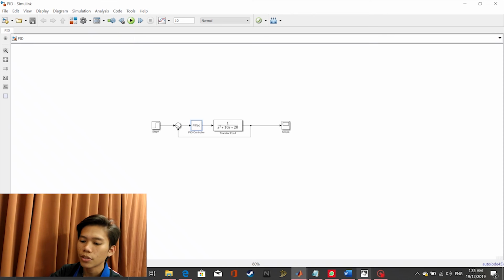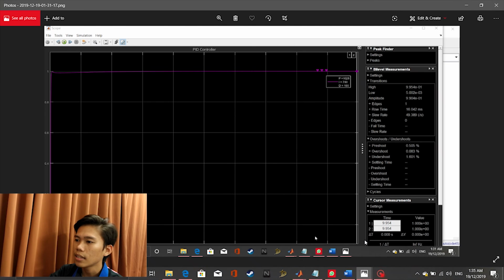This graph shows that the settling time is 0.0396. The rise time is 16.042 milli, and the overshoot is 0.083.